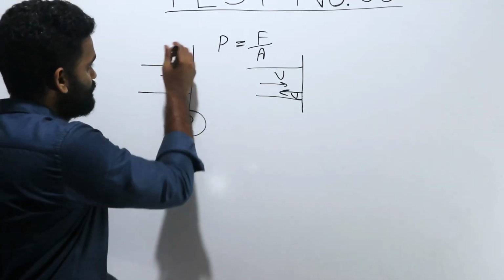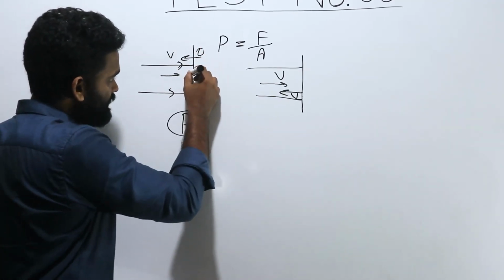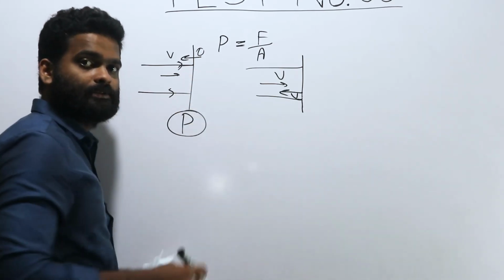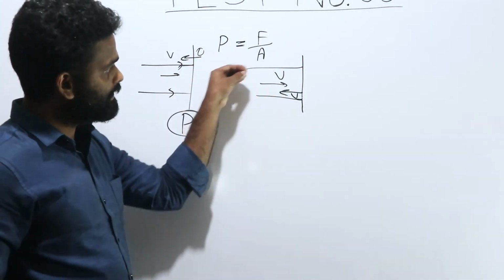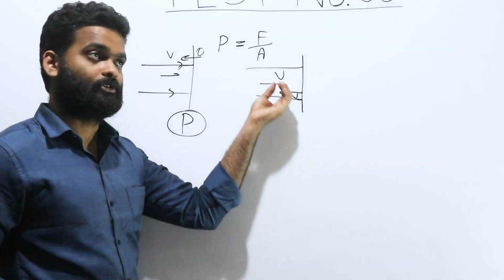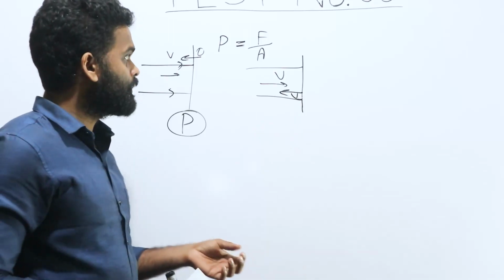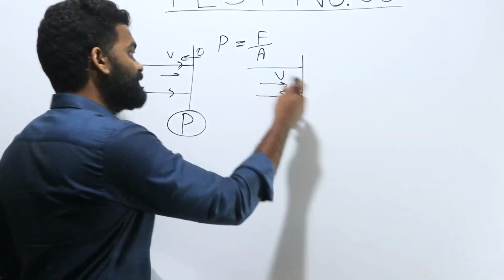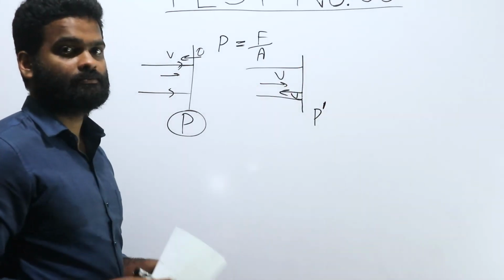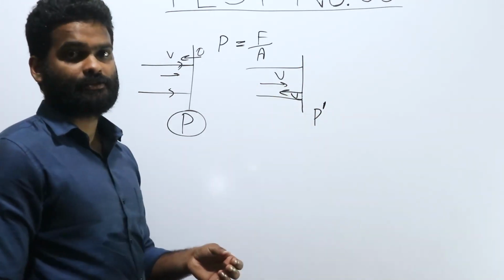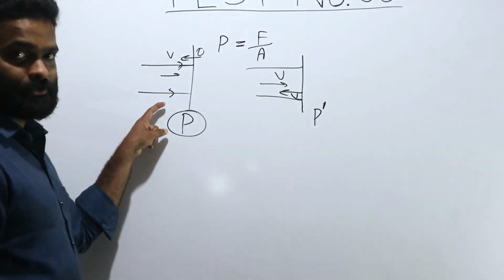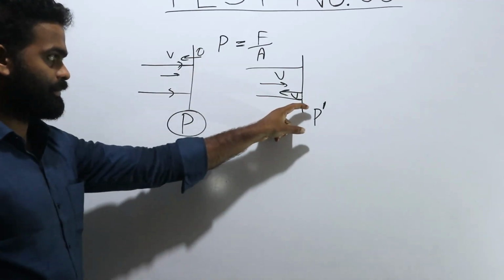So for the first one, the velocity becomes 0, meaning it would pour along the wall downwards. But here it hits the wall and jumps off at the same speed. So what they ask is, in this case, what is the pressure exerted on the wall? Let's say that pressure is P dash. First, I'll build an equation for this pressure, then I can compare that with P dash.